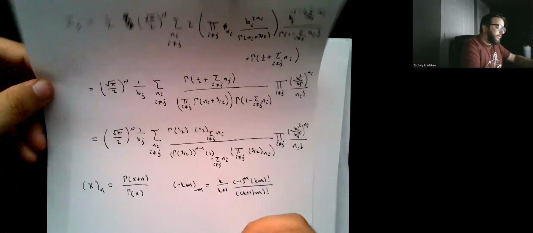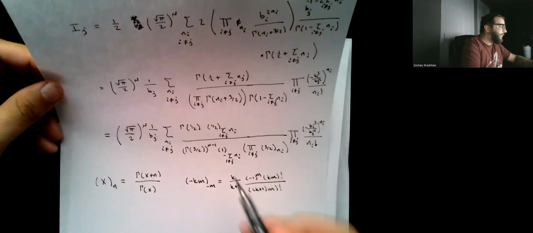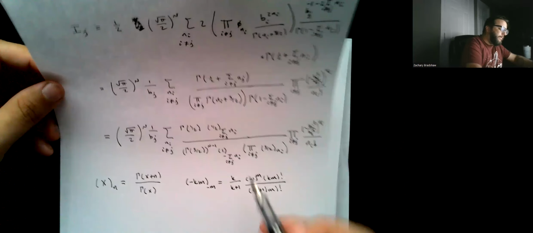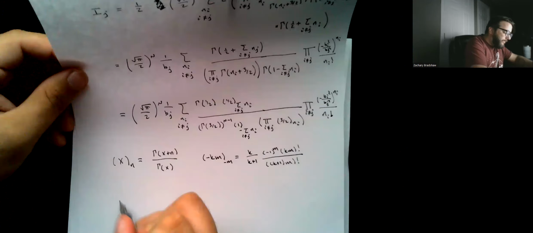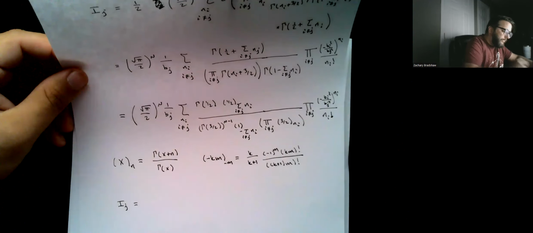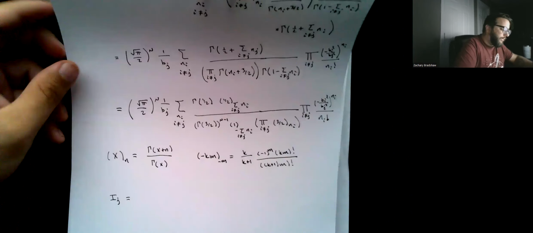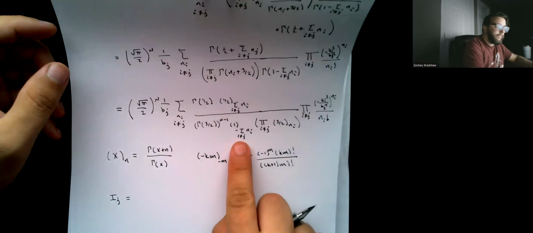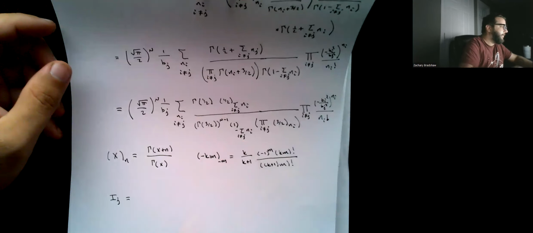Okay, so with this in mind, what we can do now is rewrite Ij. Notice we had this negative index Pochhammer down here.